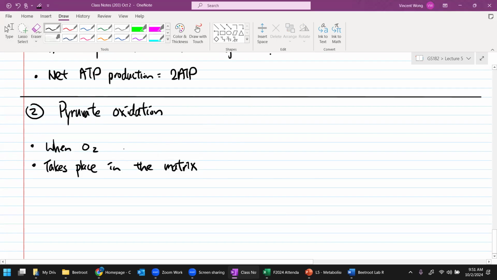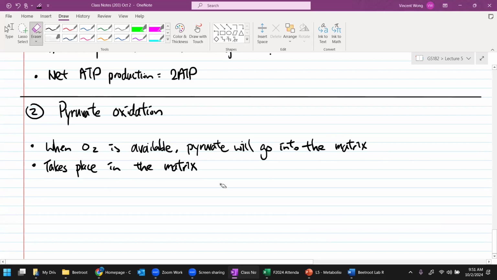When O2 is available, pyruvate will go into the matrix. So then I guess obviously it takes place in the matrix, right? I guess we don't really have to write a second step, but whatever, I'll leave it there.